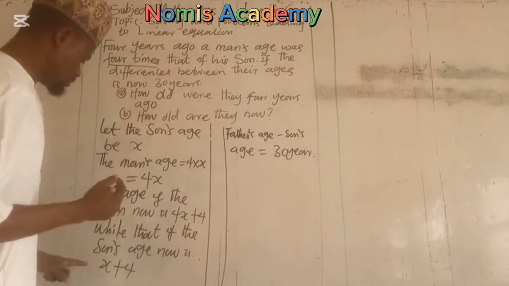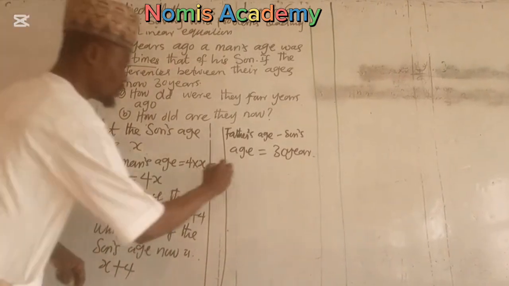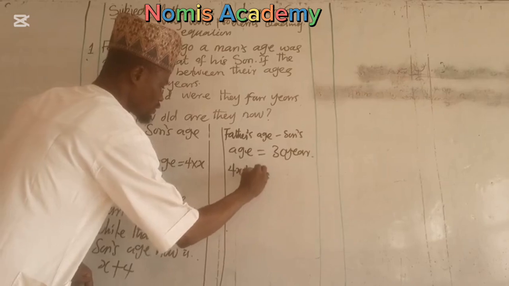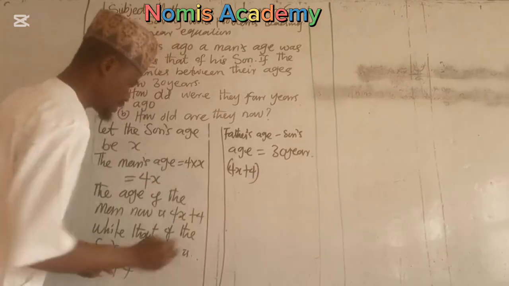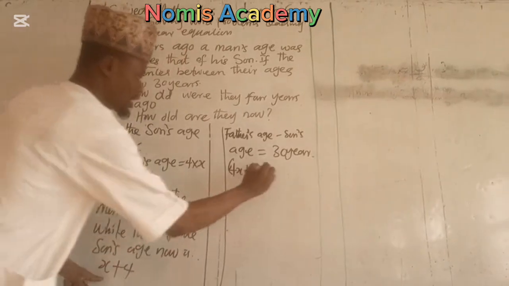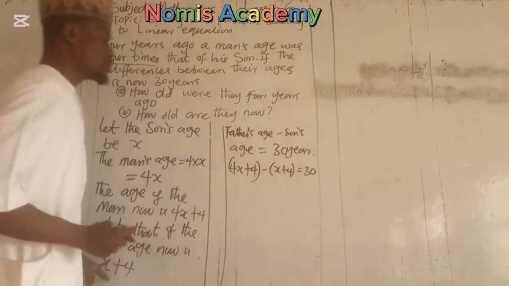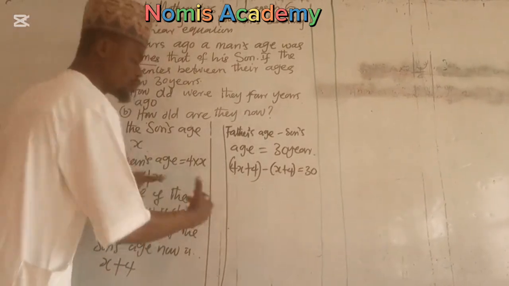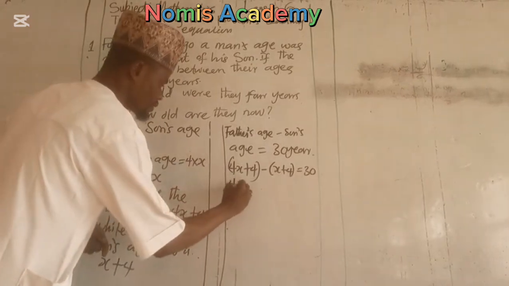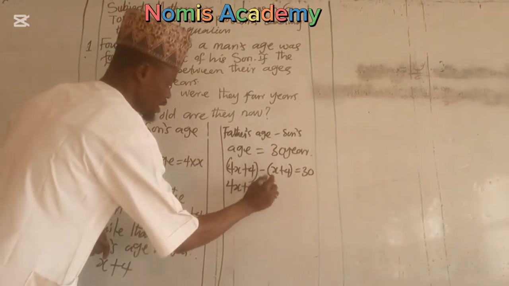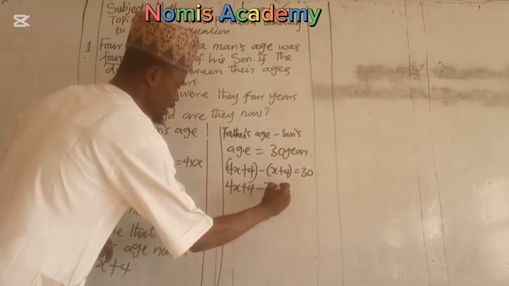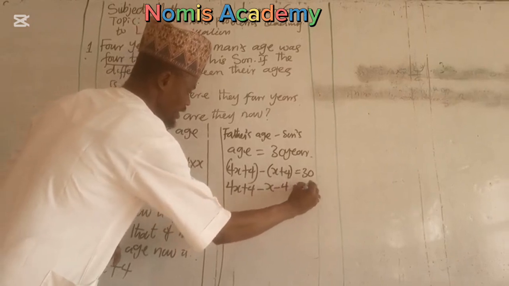What is the father's age? The father's age is 4S plus 4. Put this into a bracket, minus the son's age, S plus 4, equals 30 years. So you have to open the bracket. We have 4S plus 4 minus S minus 4 is equal to 30.